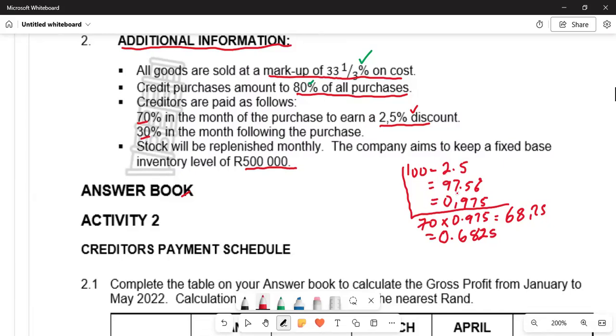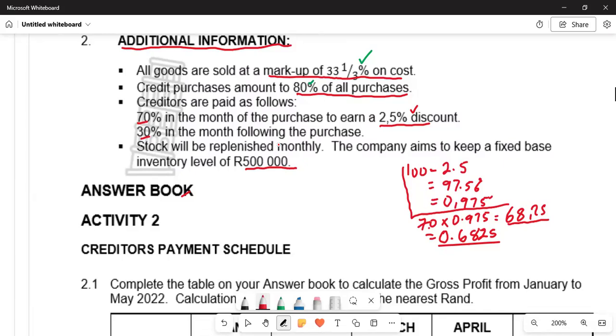It gives us 97.5, and when we convert it to decimal, then we say 70% multiplied by 0.975. We convert this into decimal, and this is the percentage we are going to use when we calculate the amount of the purchases of the month of purchases.